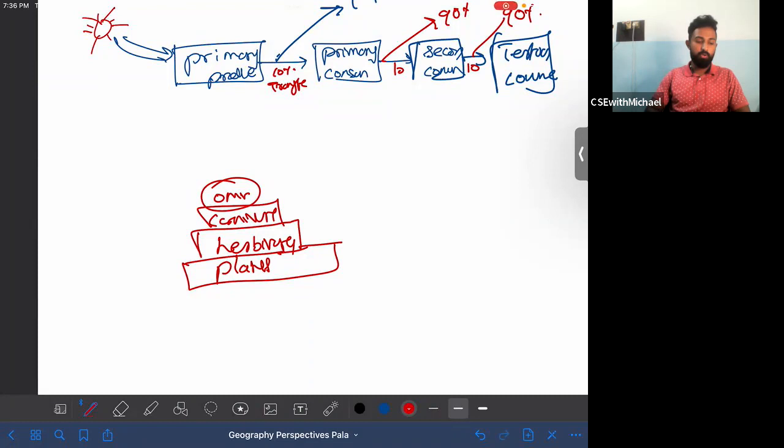Greater at higher trophic levels because species located at higher trophic levels are more mobile and have higher body size and are larger in size.